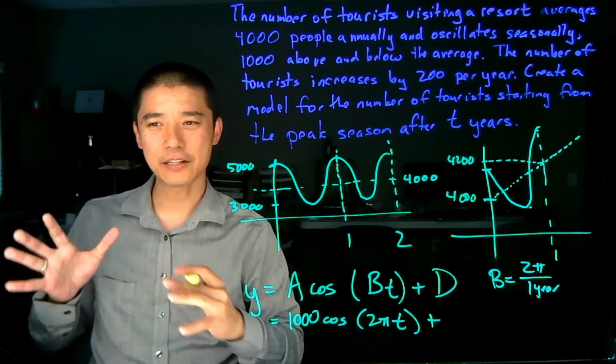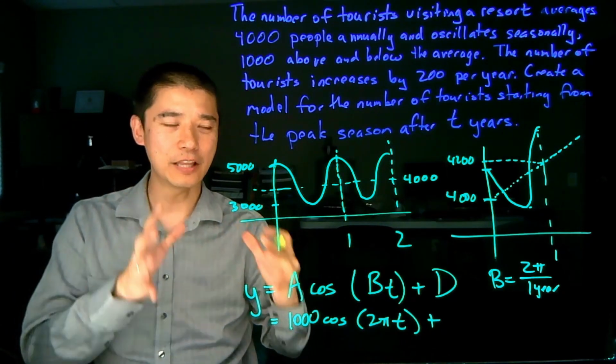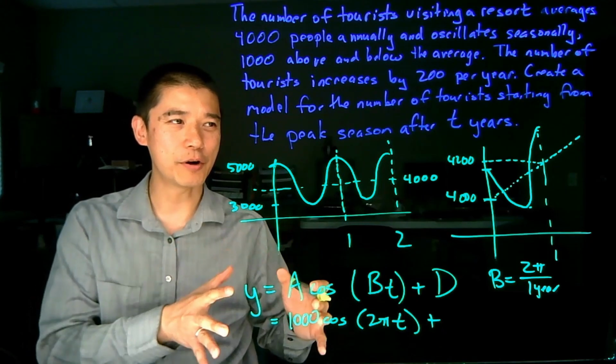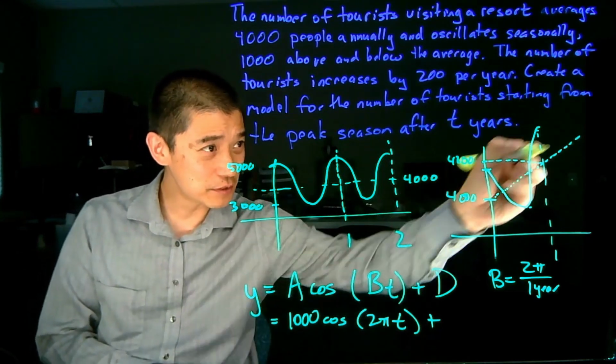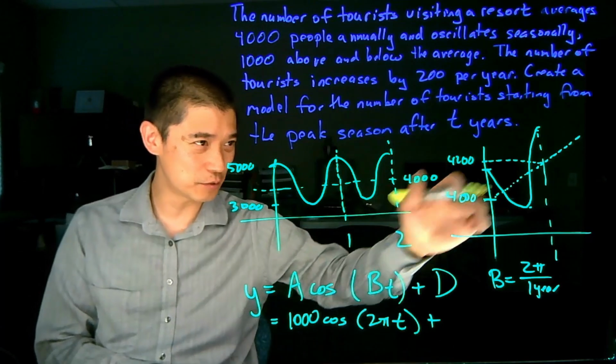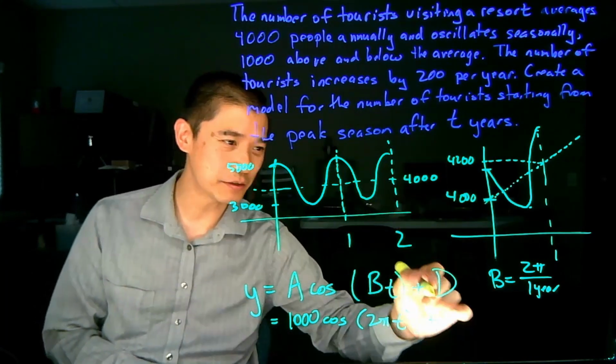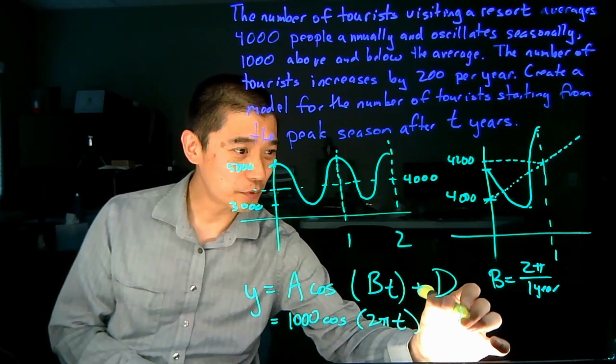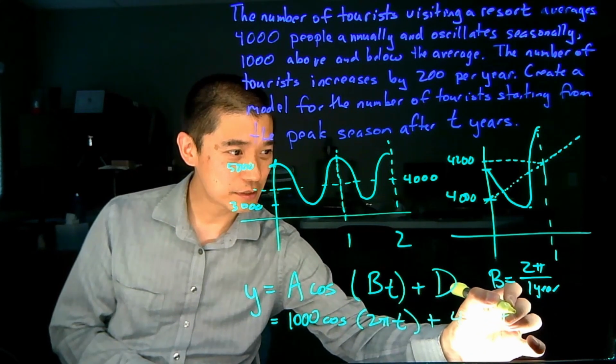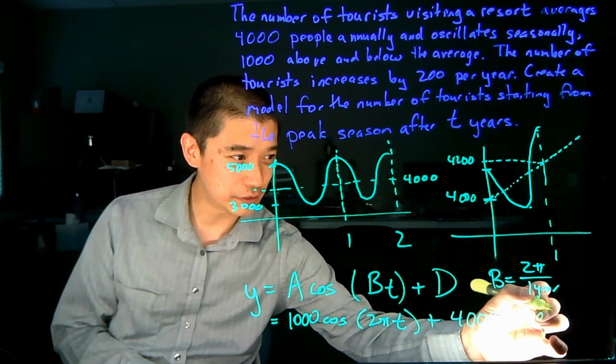So how do we get an equation of a line that increases by 200 per year? Well, you can think of this as slope-intercept form. We have the intercept, we know the slope is 200 per year. So this will be 4,000 plus the slope is increased by 200 per year, 200t.